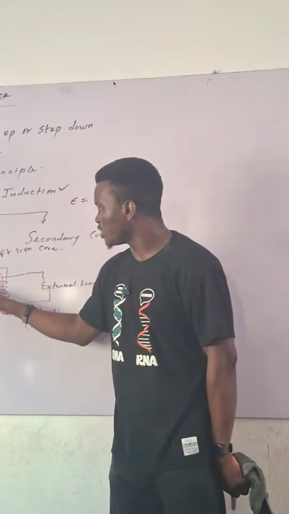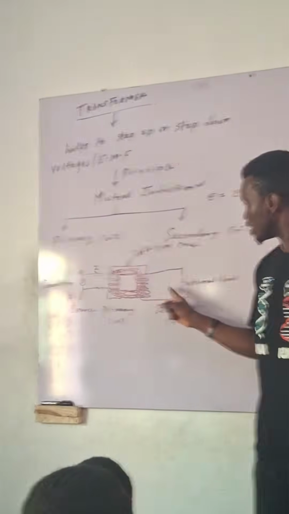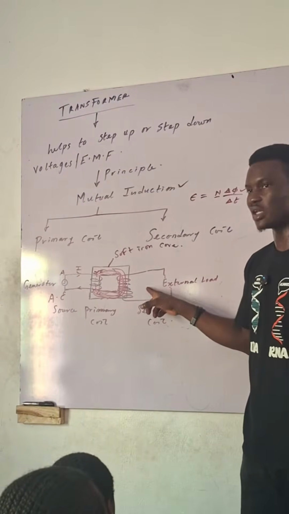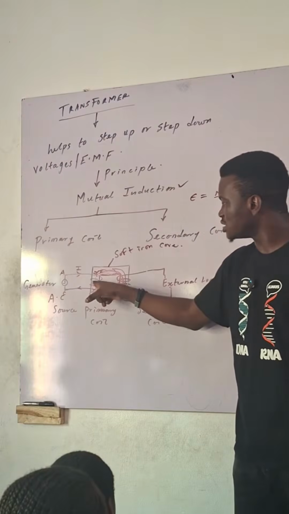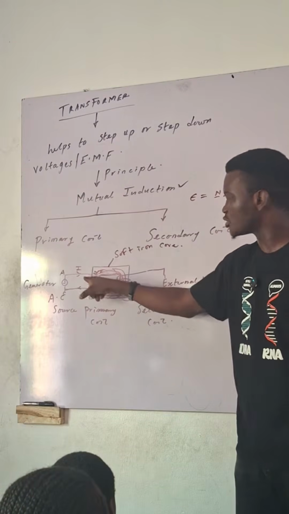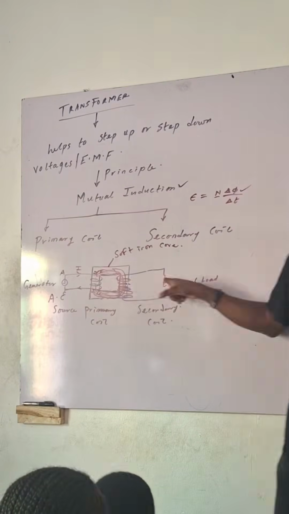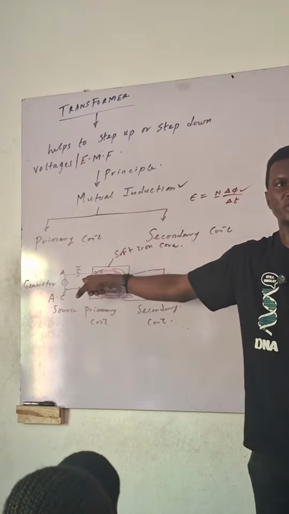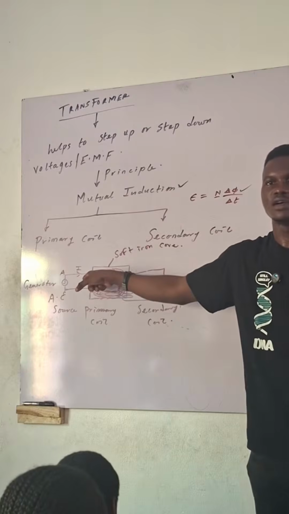But from what we have here, you can see this one has no battery, nothing. The coil was just there. But because of the field that is running from here, it influences this one. So how many of you do not understand Yoruba?